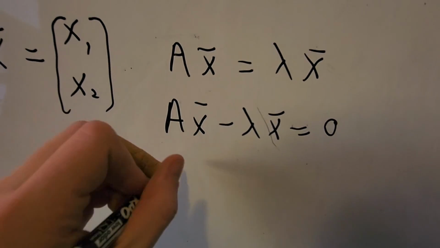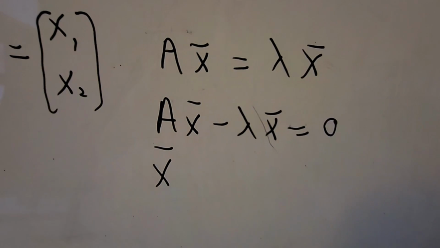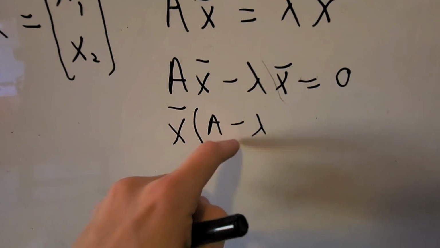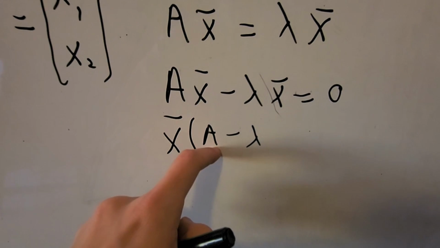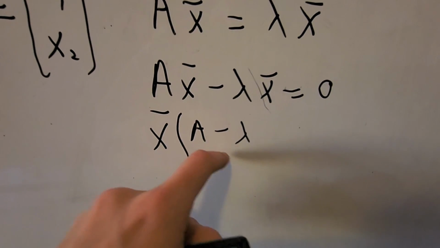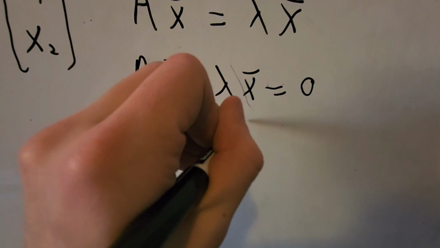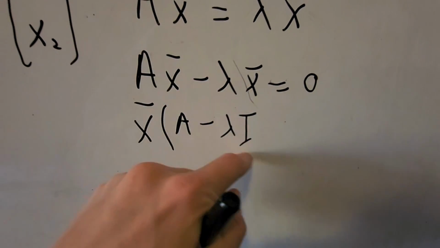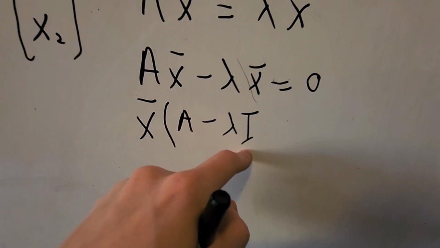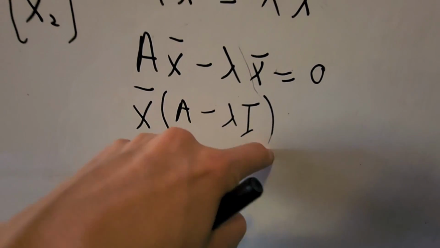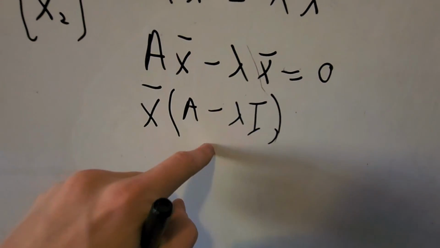Okay, now we can factor out x. So now we have A minus lambda, and technically A is a kind of matrix, so this is okay. But we can't do a matrix minus a scalar. So I is kind of like 1 in the matrix world, just as I said before.